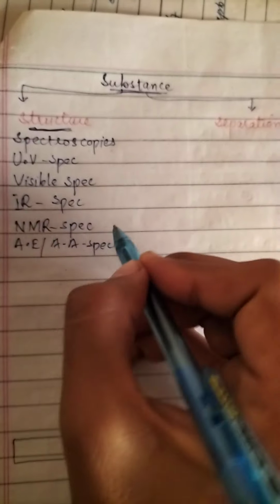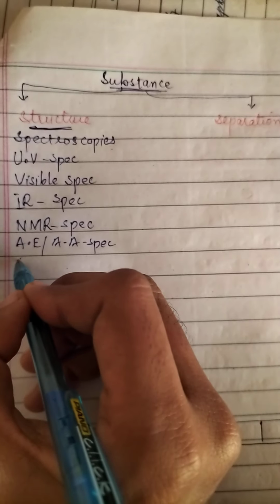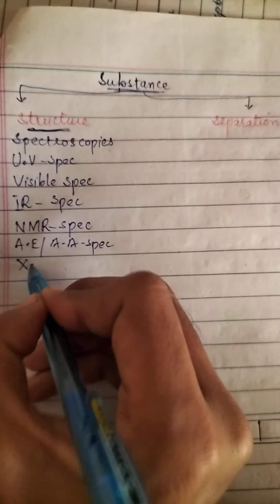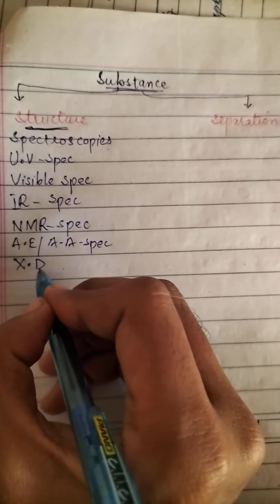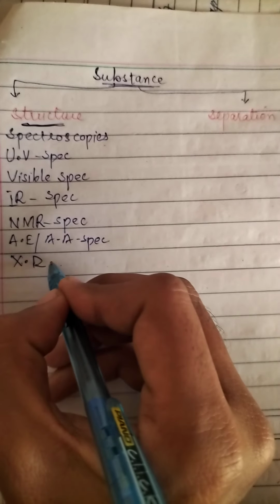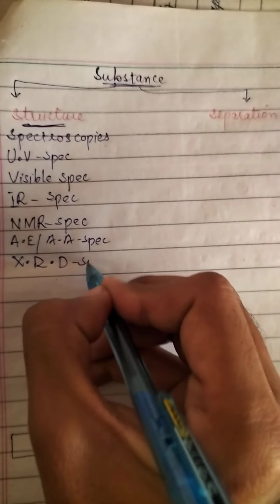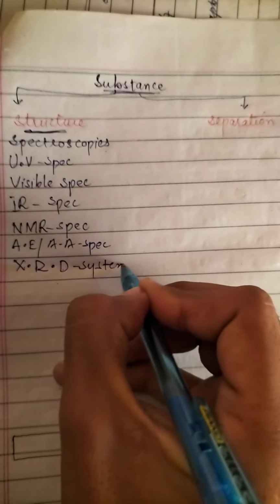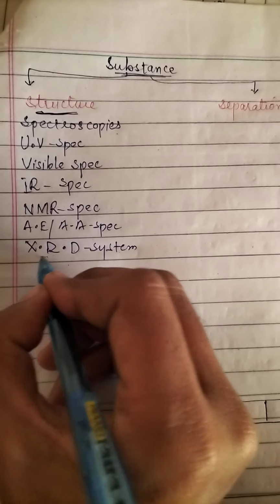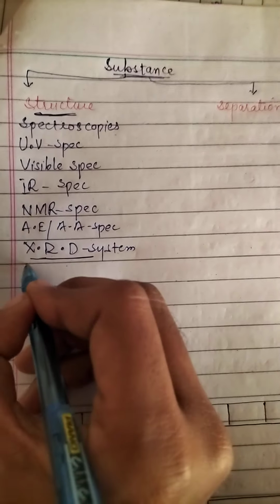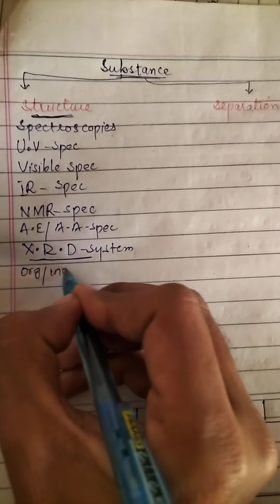But here is another system that can be used to determine the structure of a substance, which is called XRD, X-ray diffraction. Mostly the X-ray diffraction system is used to determine the structure of organic as well as inorganic compounds.